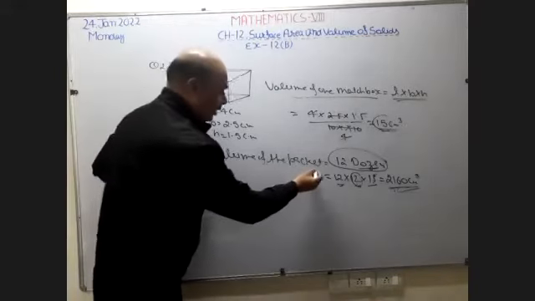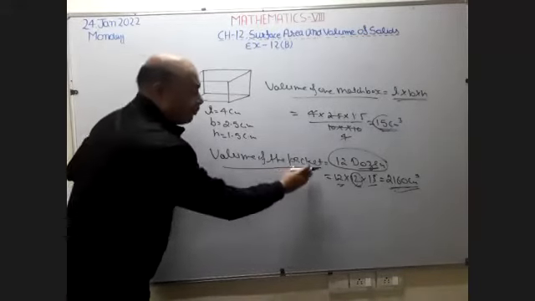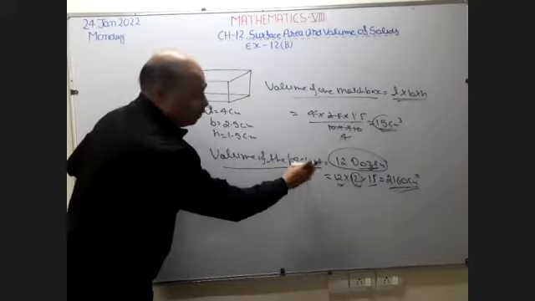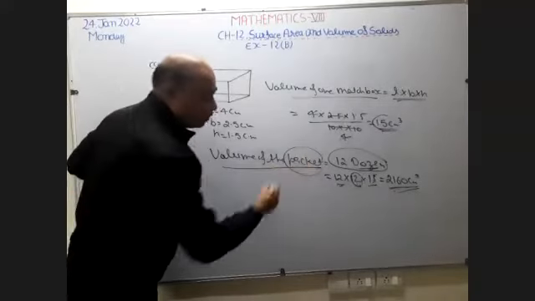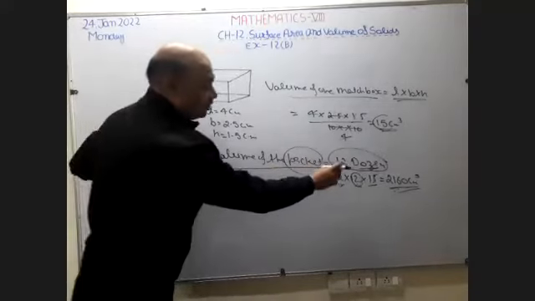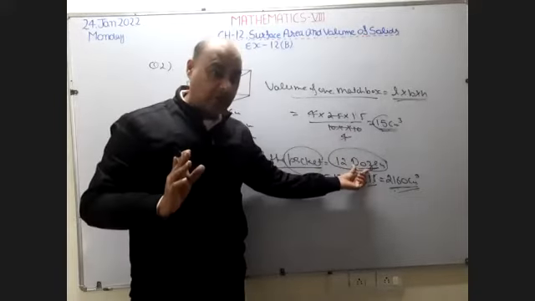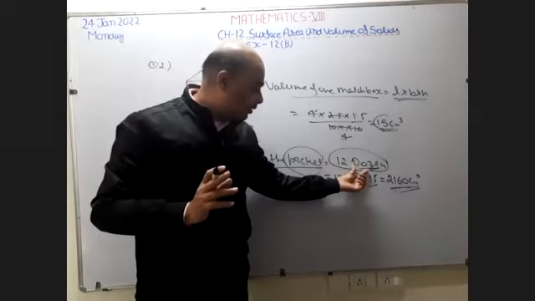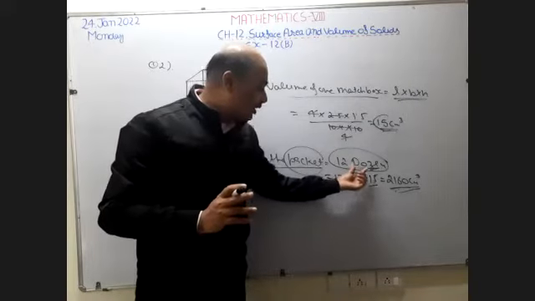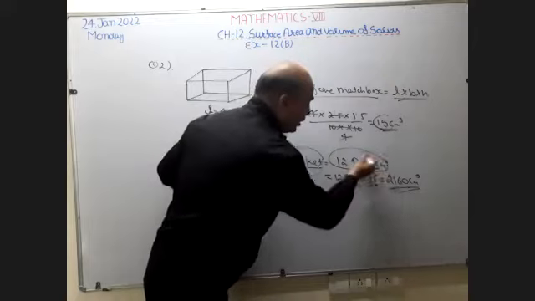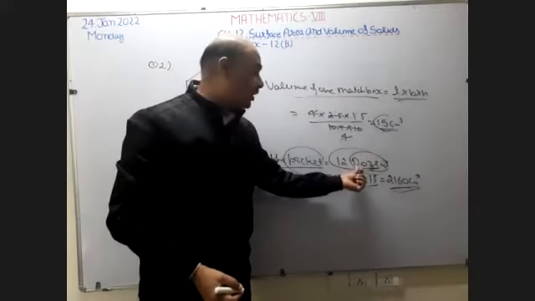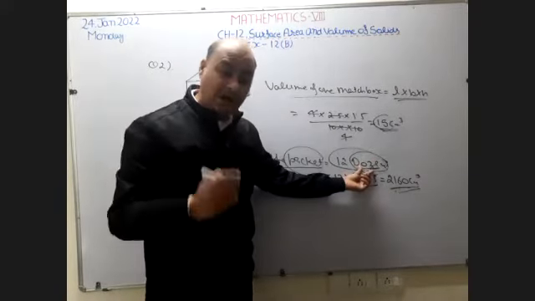Okay, beta. Now check. In this question, we're going to find the volume of one packet. In this packet, 12 dozen matchboxes are there. Is it clear? In one dozen, how many matchboxes are there? 12.